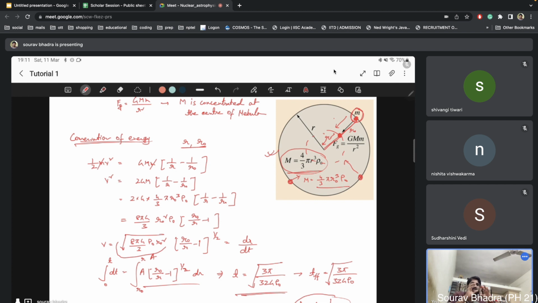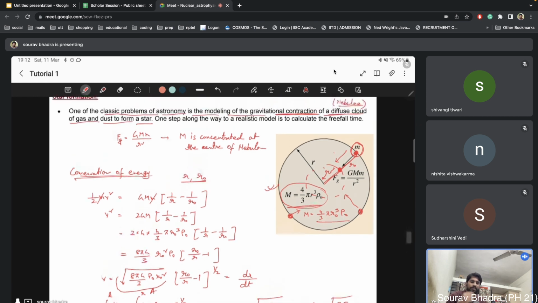This is the main basic idea of star formation, because as the particles have gone from a bigger distance to a very small distance, the density of the region has become high, and this eventually results in the formation of stars.